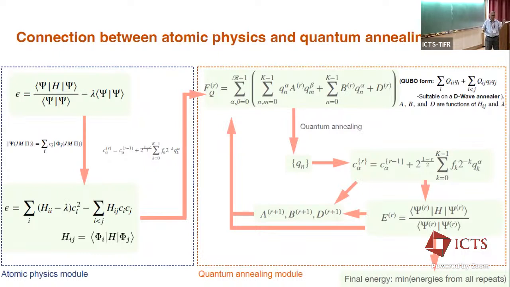That means Q1 is 0, Q2 is 0, Q3 is 0, and Q4 is 1. So you know which Qs minimize this energy functional, and then from those Qs, we recalculate C, the coefficients, for each iteration.